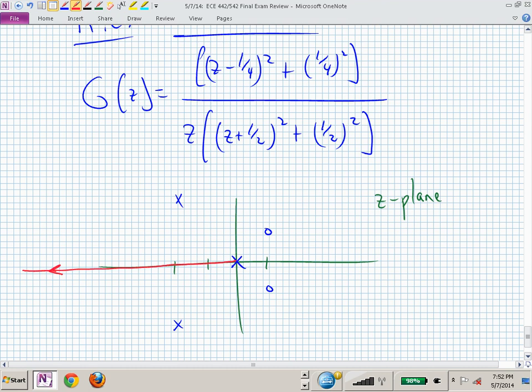Oh, I don't know. I don't remember how to do this. Departure angle. Who are we departing? We're leaving the poles, aren't we? And approaching the zeros. So we have departure angles from the poles and arrival angles to the zeros. What's going to happen?